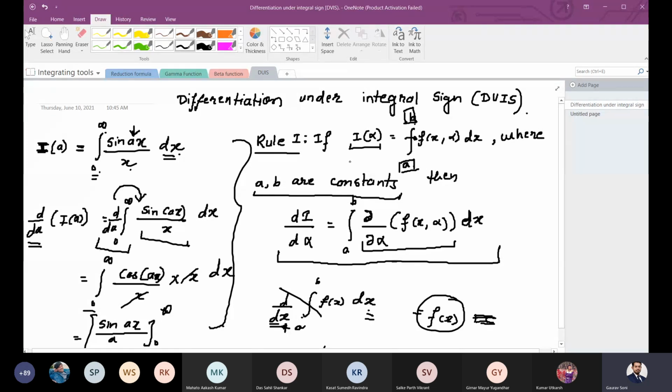But here it is not the same story. Your integration is with respect to x and you are taking the derivative with respect to alpha. In this kind of case, I can take the derivative inside the integration if and only if both the limits are constant. That's all. Rule number one: here we are just talking about when I can take the derivative inside and when I cannot. Am I clear? Yes, sir. Got it.